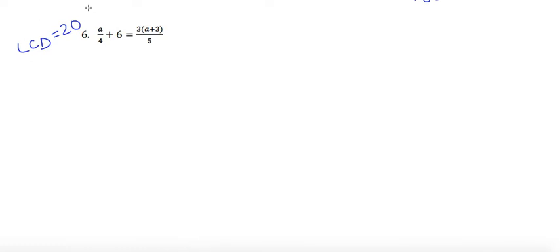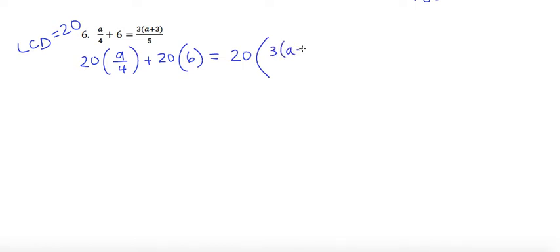So once you've identified that lowest common denominator, we're going to multiply every single term in this equation by 20. So I'm going to multiply 20 by my a over 4. I'm going to multiply 20 by my 6. And I'm going to multiply 20 by my 3 times a plus 3 divided by 5.